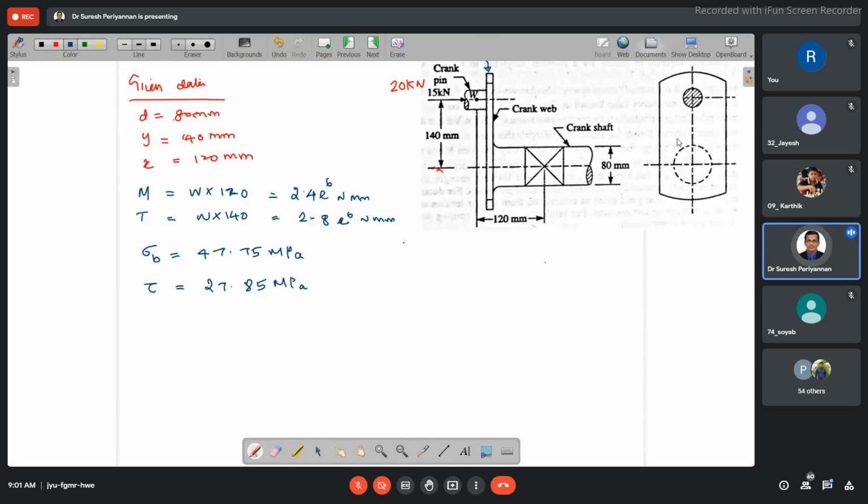Now, once we know that, we can find out sigma max. Sigma max is sigma B by 2 plus 1 by 2 square root of sigma B squared plus 4 tau squared, right? Substituting this, you are going to get sigma max, which is 60 point something. Then find out the tau max.